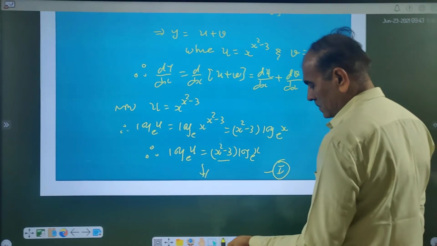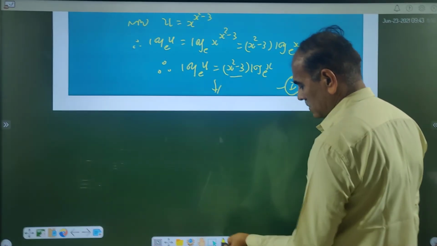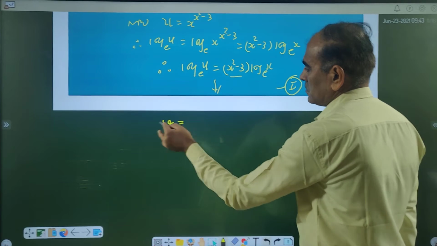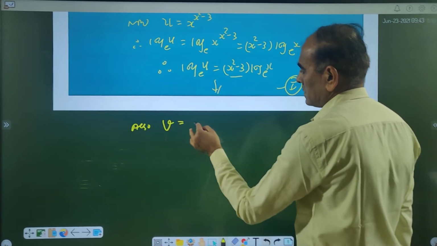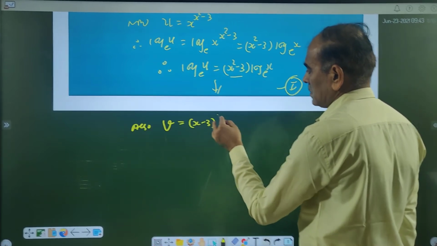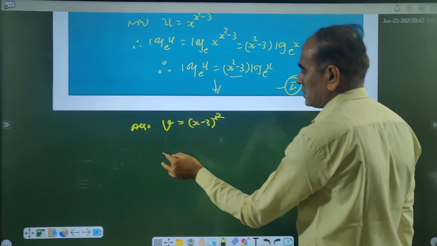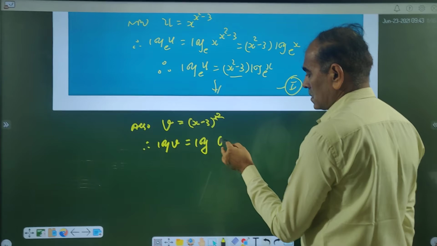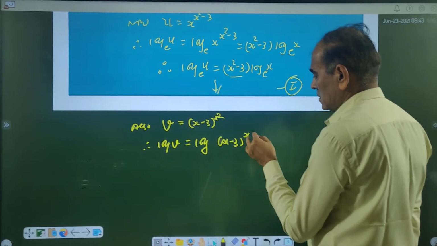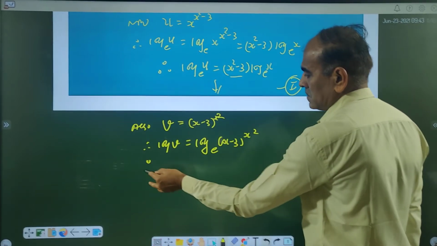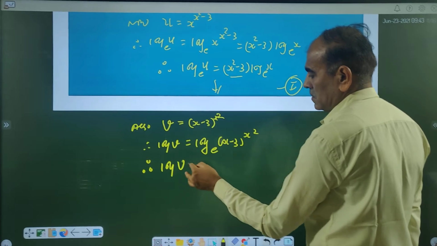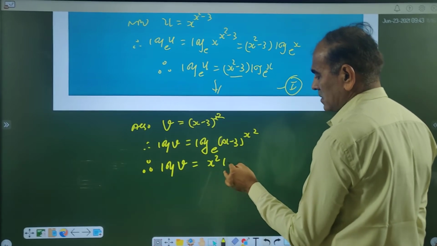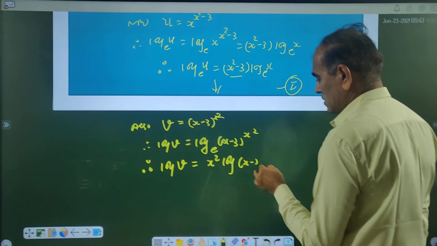Same way for v. What is v? Also v is equal to x minus 3 whole raised to x square. So what is log v? Log of x minus 3 whole raised to x square, and therefore log v is equal to x square log of x minus 3.